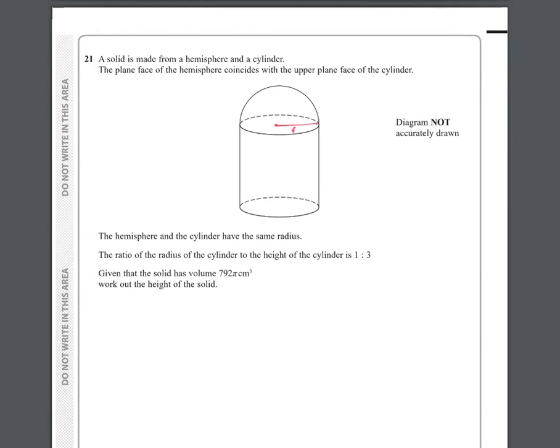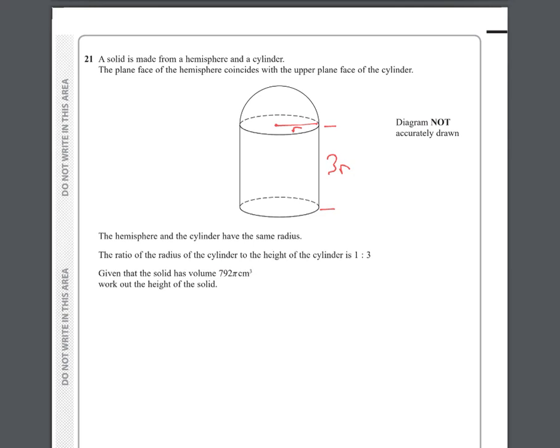So if this is R, then this is 3R. Given that the solid has volume 792 pi centimeters cubed, work out the height of the solid.